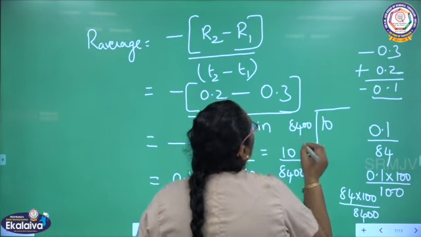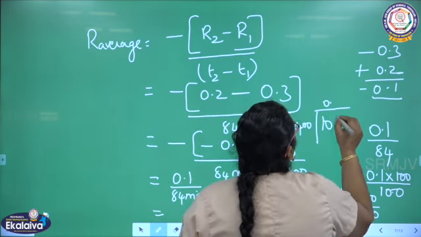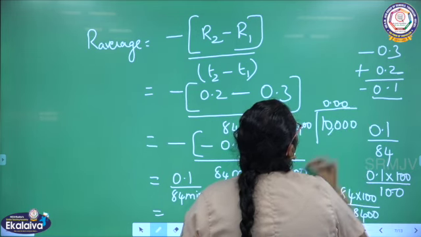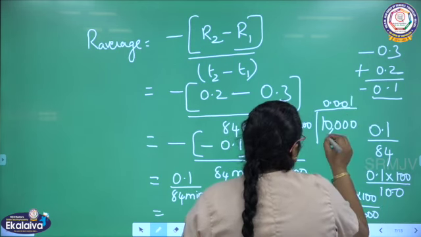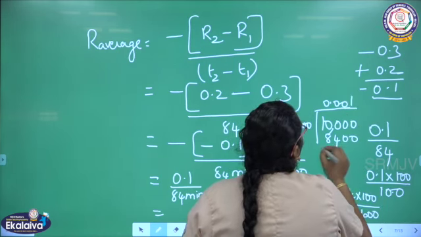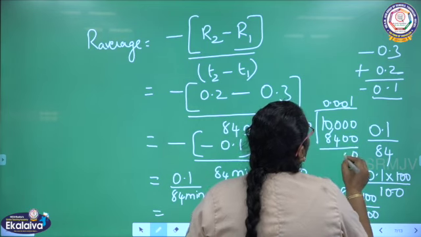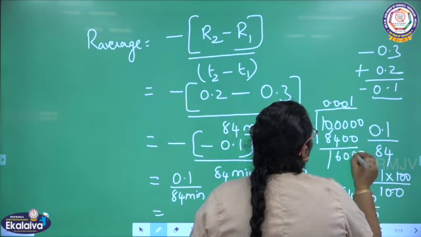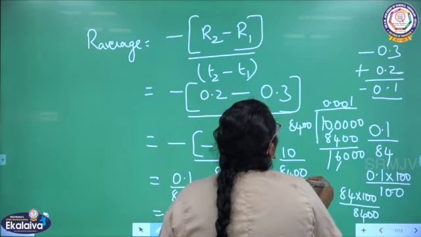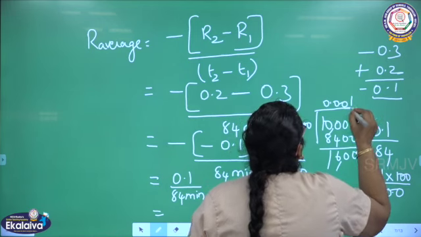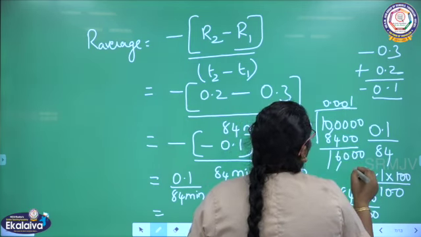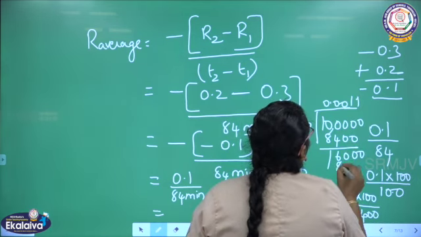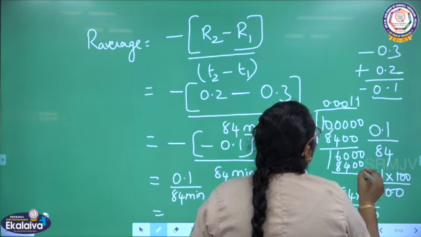What will you get? 0.0. It will not go. Again 0. It will not go. One more 0. 10,000, so it will go one time. 8400 into 10,000, subtract, we get 1600, one more 0, so 16,000. If you put 2 times it becomes 16,800, so you can put only one time, 8,400, so you stop up to this.